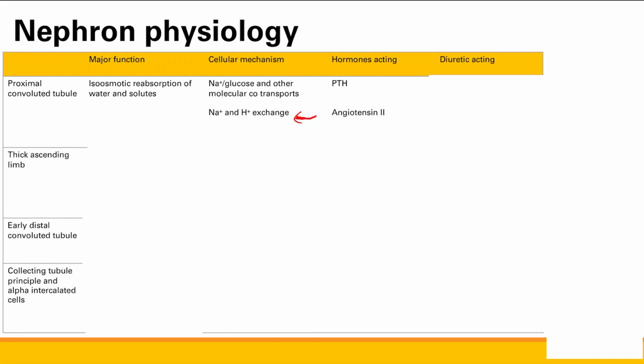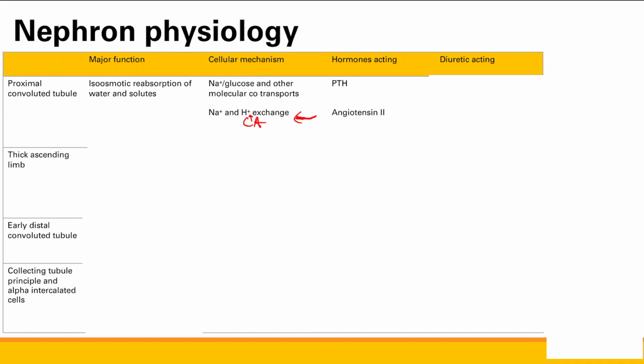Okay, that's going to increase your blood volume at the expense of having a little bit of alkalosis because of that bicarb, hence the name contraction alkalosis that I talked about. Now what diuretic is going to act here? Remember the osmotic diuretics act here, and then the carbonic anhydrase inhibitors act here. Remember they block the carbonic anhydrase that's very important for this exchange.